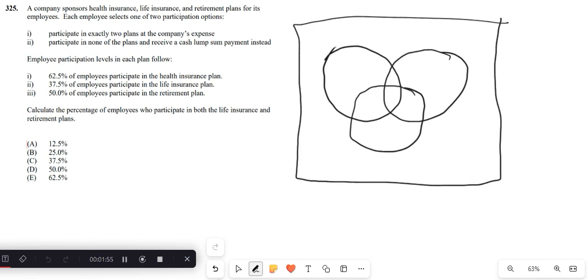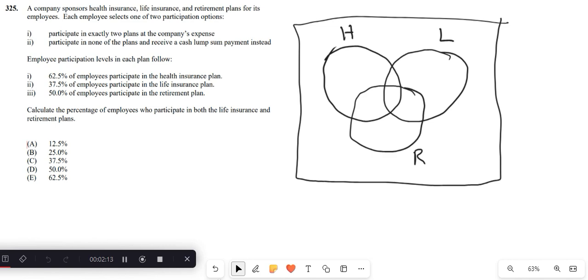Not so neatly drawn, but doesn't matter. So this is going to be the health plan, which I'll denote event H, the life plan, and the retirement plan.